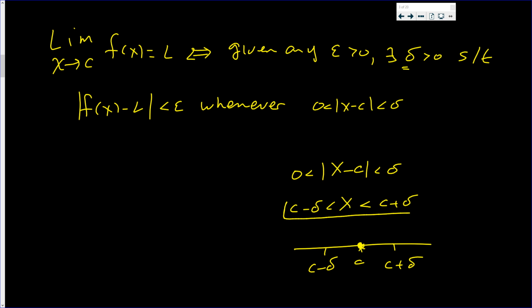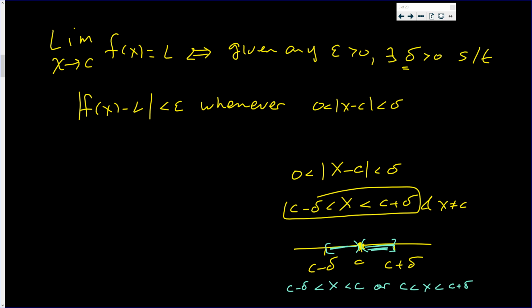So you can say this and x is not c. But what that means is either x is in between c minus delta and c, or it's in here: x is bigger than c, but less than c plus delta. And you can actually equal the endpoints. Okay, said that twice now.